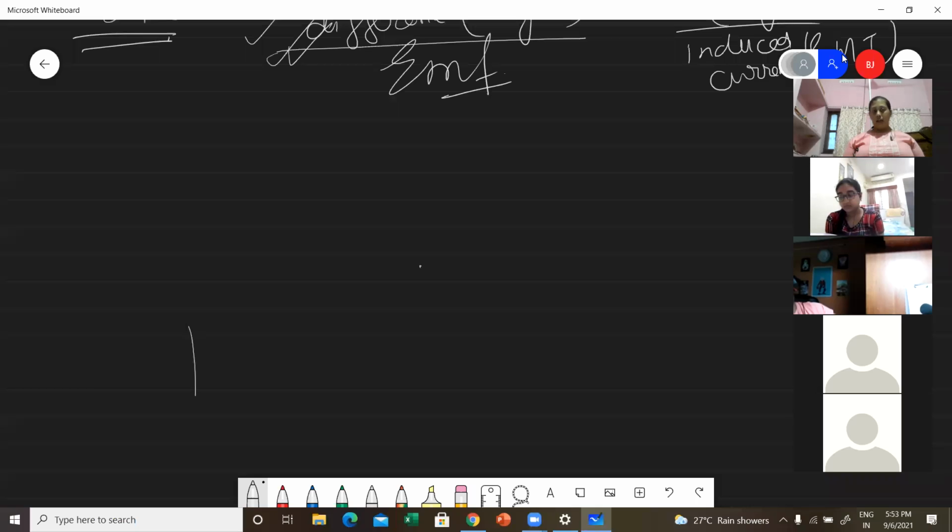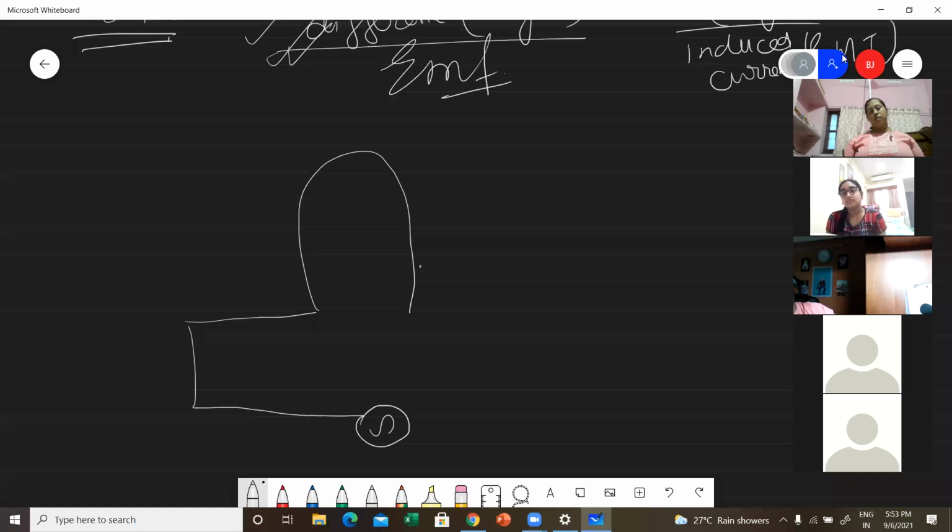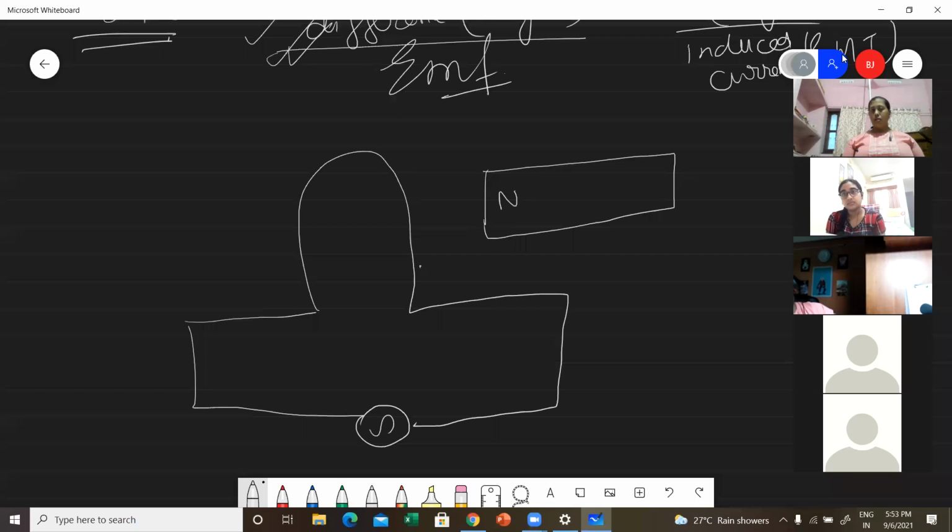Suppose this is my coil. This is my bar magnet, north, south. Who will tell me what will be the direction of current if my magnet goes here?